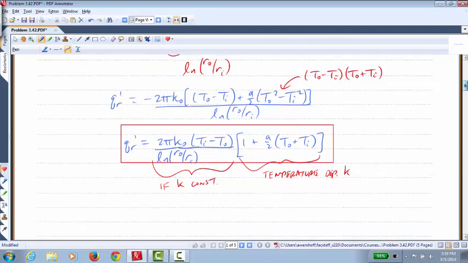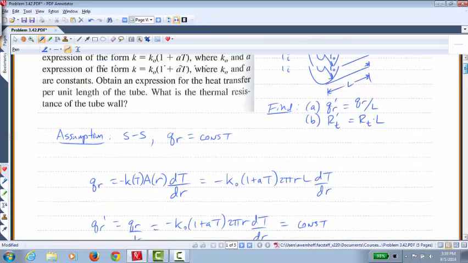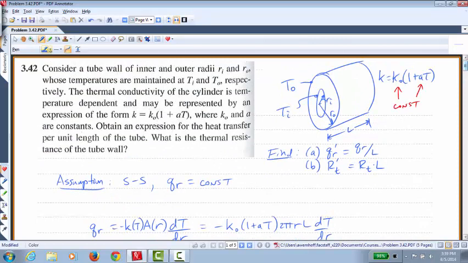For part 2, it's a really quick result. So part B, we're going to find the thermal resistance R_t prime. And in doing so, we're used to using just R_t without the prime. So R_t is going to be your delta T over q_r. Now, when you go back to the picture, q_r is going outward radially.